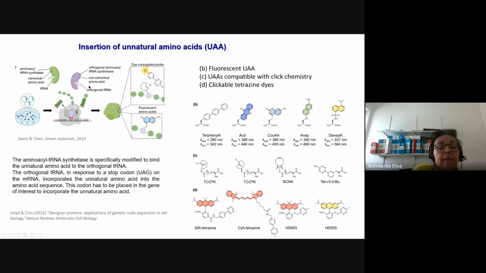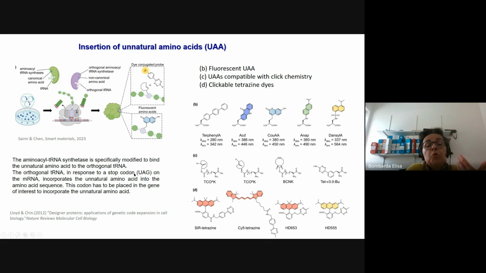This modified tRNA will work in response to a UAG codon on the mRNA, and so it incorporates the unnatural amino acid into the amino acid sequence.